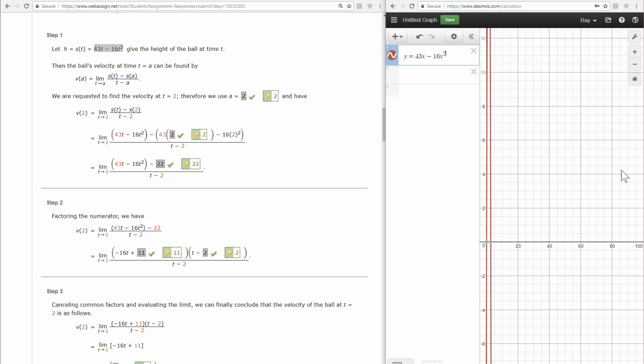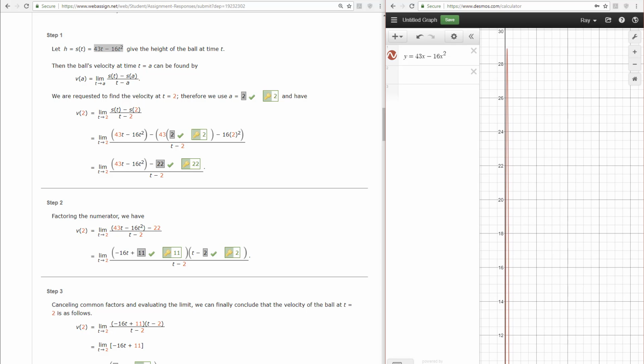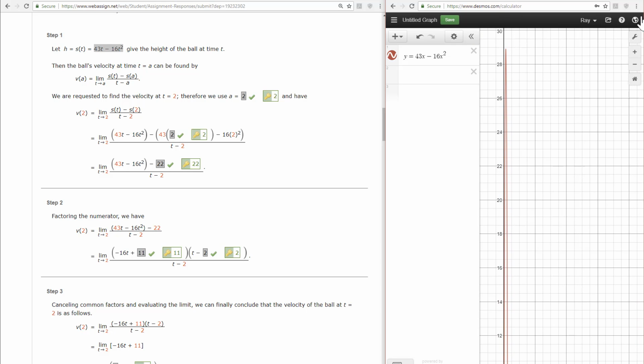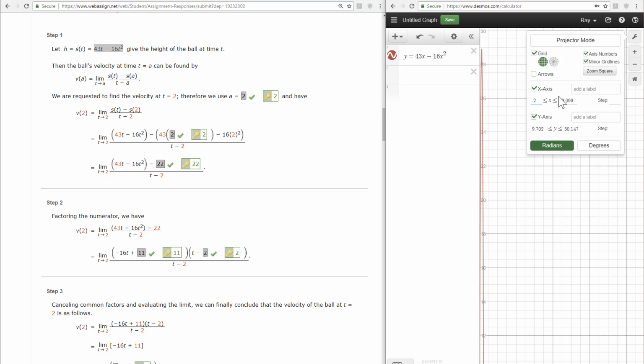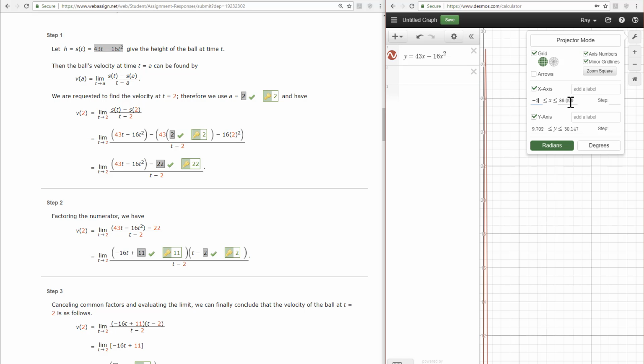I had this set up for a different range of values, so I'm going to readjust this. I actually want to capture the highest point too. The highest point looks like it goes up to maybe 30. So let's go from negative 2 to, let's not go farther than 10. Maybe even 5 is good enough.